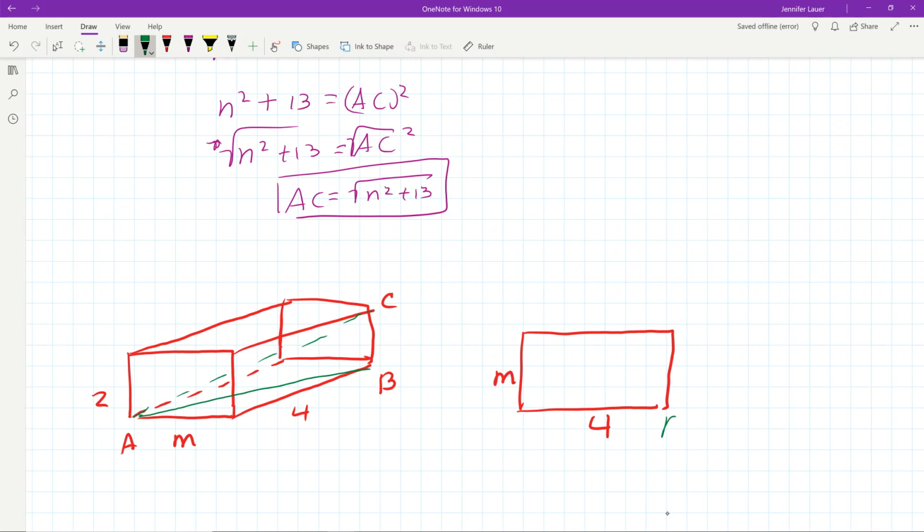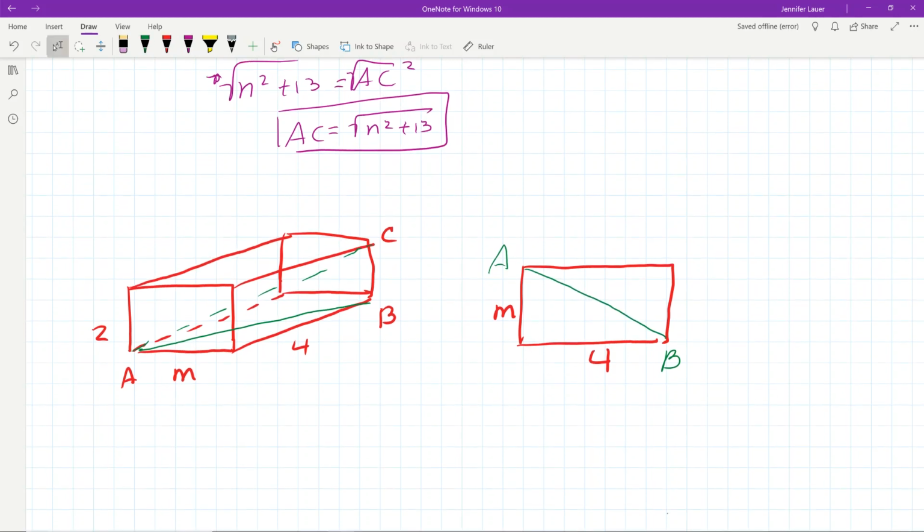So this is B and this is A. No, this part is A. So what I would like to do is figure out that portion right there. What is AB? Because eventually I'm going to make this triangle here, and that will allow us to get AC.